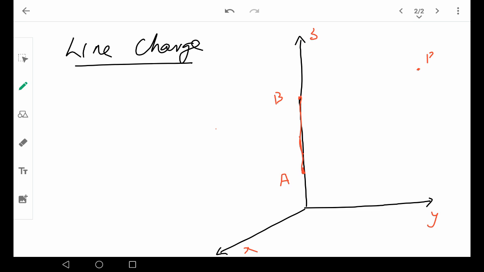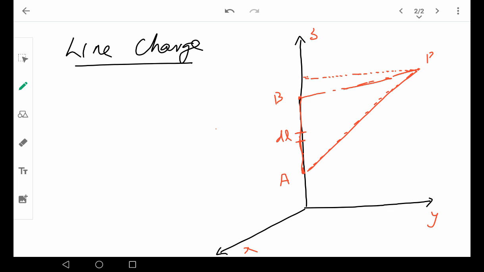Now I can draw a line like this, and another line like this. And I can draw a perpendicular from the z-axis to this point. Now I can choose a small element of length here. That element of length is given by dl, it is in the z direction, you can say it is dz.